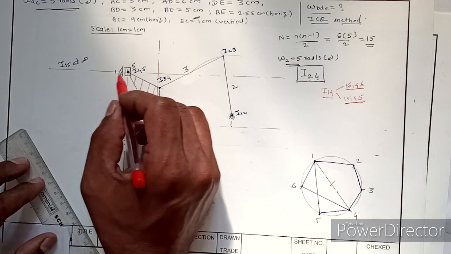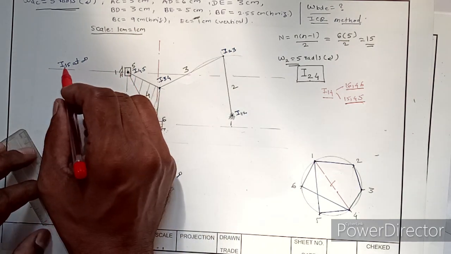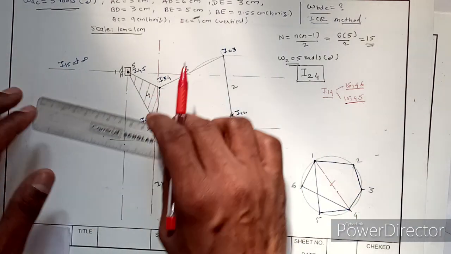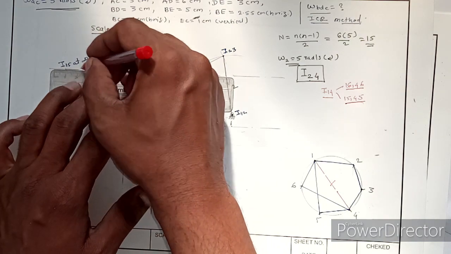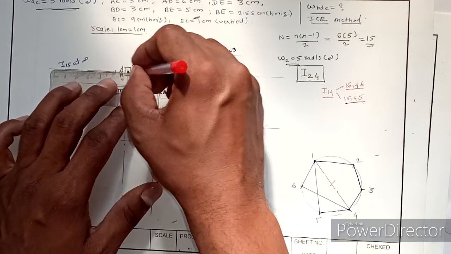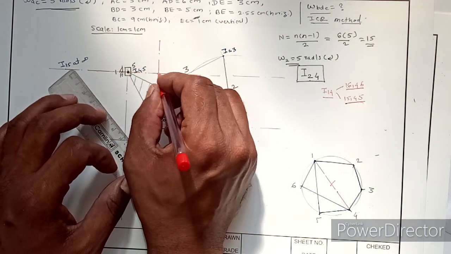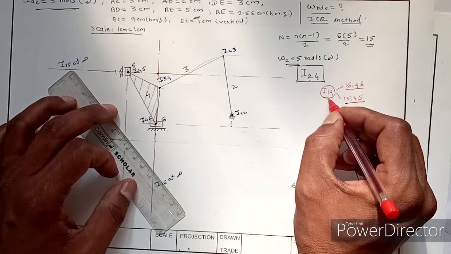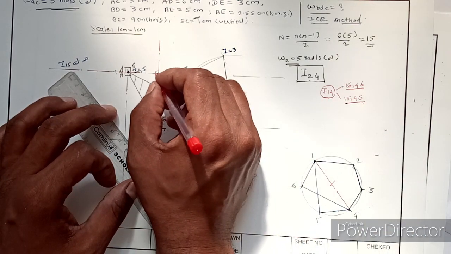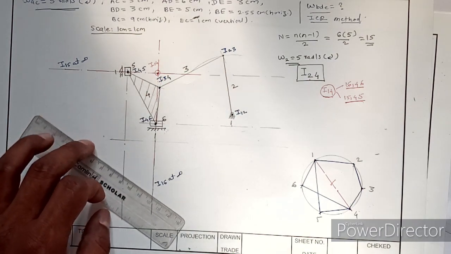So this is IC 4 5 and 1 5 is at infinity on this line. So we have this line, joining 1 5 at infinity and 4 5 here. The intersection of both these lines is my IC I14. So I have located I14.